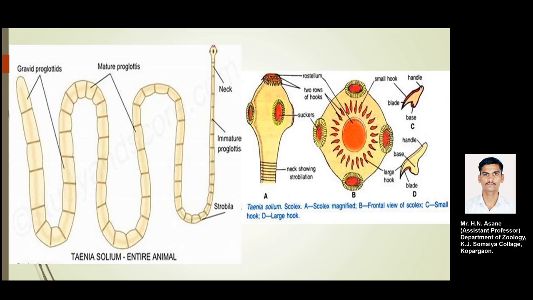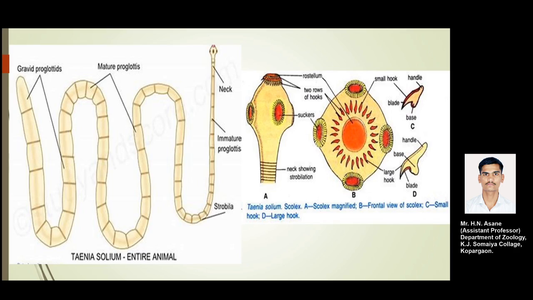The anterior end of the body possesses a small globular knob-like head known as the scolex. It bears four circular suckers, which are adhesive organs; adhesive means they attach to the intestine.